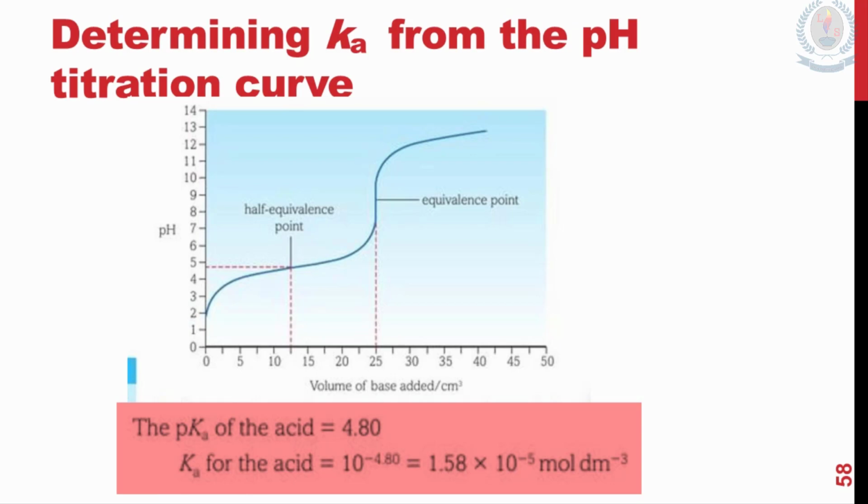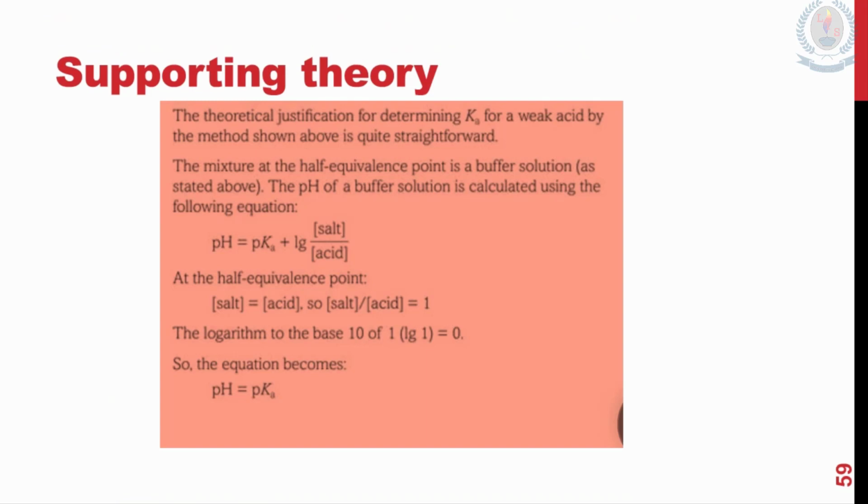So here the pKa of the acid is 4.80, so the Ka for the acid is like this. Now see the supporting theory for finding the Ka. Here you can see the theory of that.